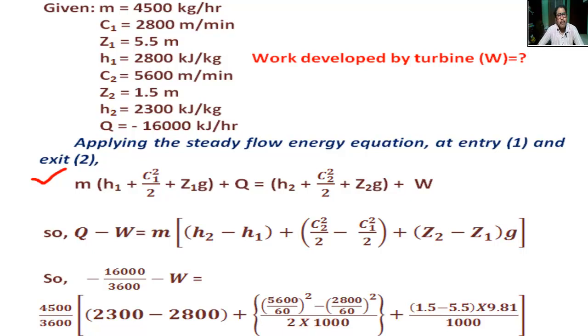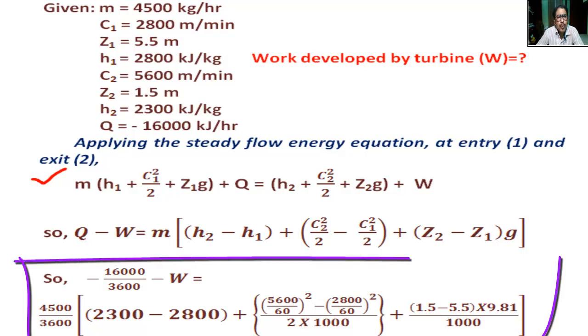Now we put the value of Q equal to minus 16000 kilojoule per hour. We convert it into kilojoule per second.